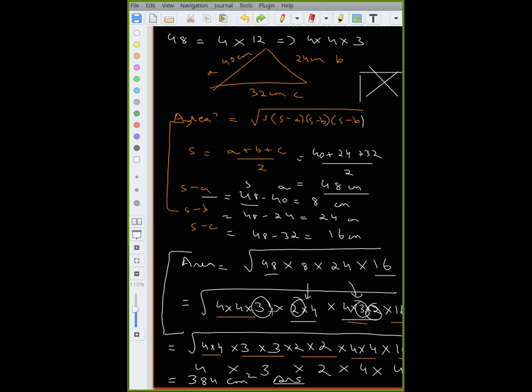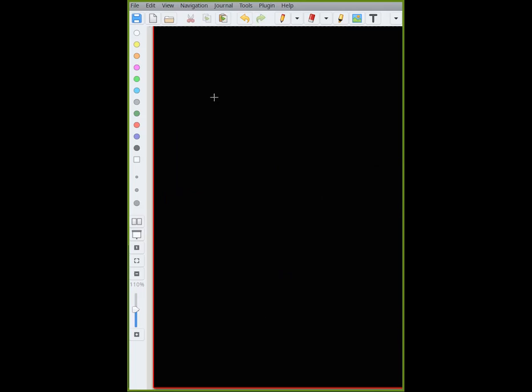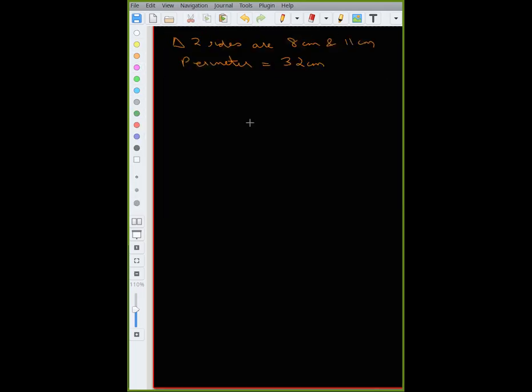Solve the next question. Okay, do this question. Triangle with two sides, 8 and 11 centimeters, perimeter is 32 centimeters, find the area.